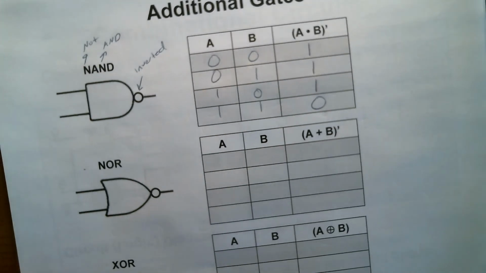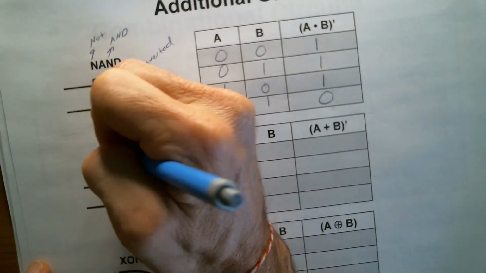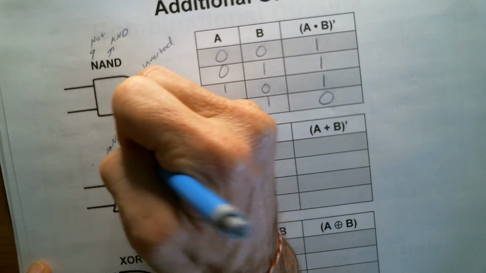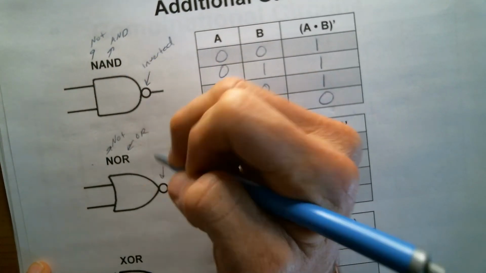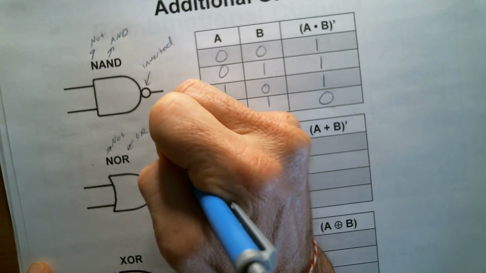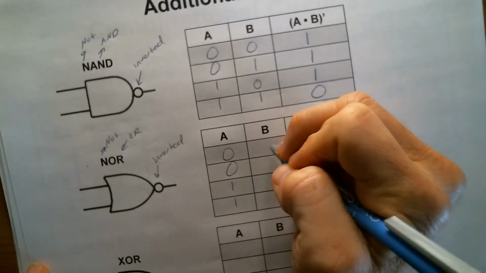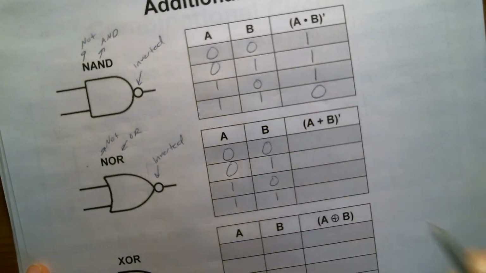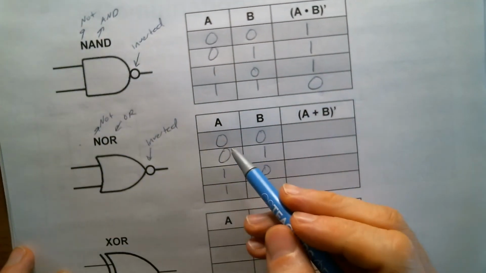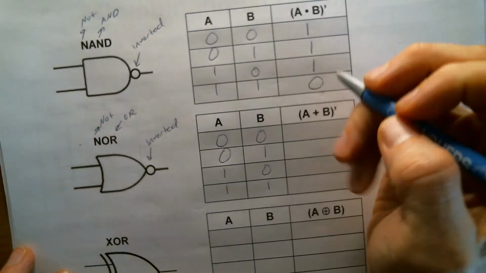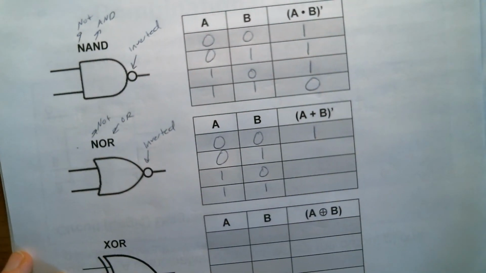All right. A NOR is the same exact thing. This is our NOT. This is our OR. This is basically inverting the result. So normally, false or false would be false, but now it's true.